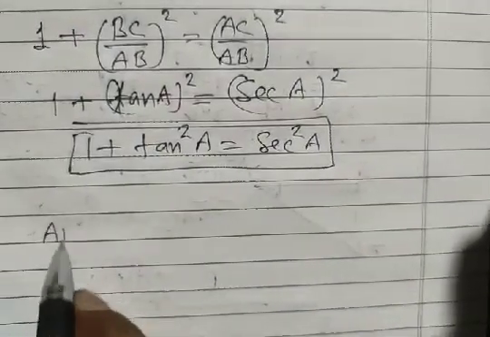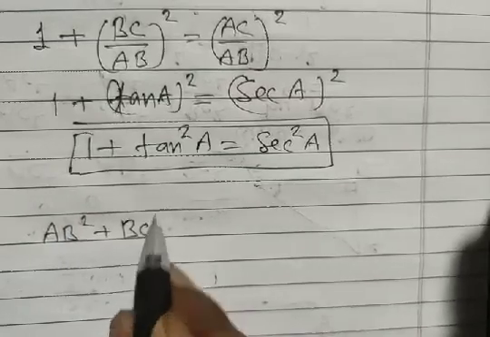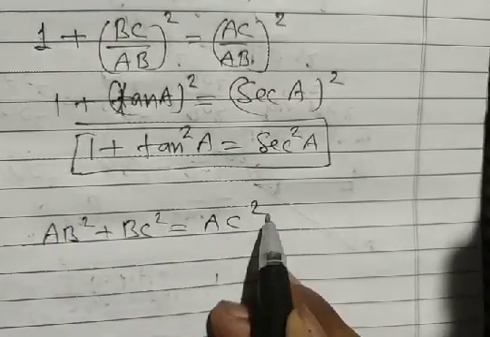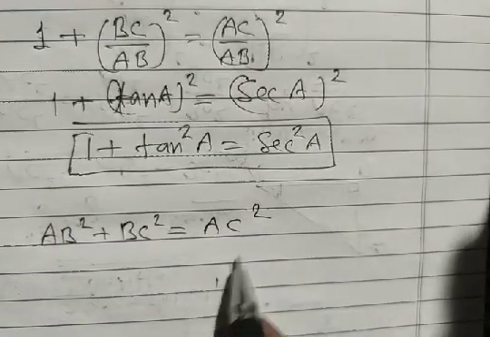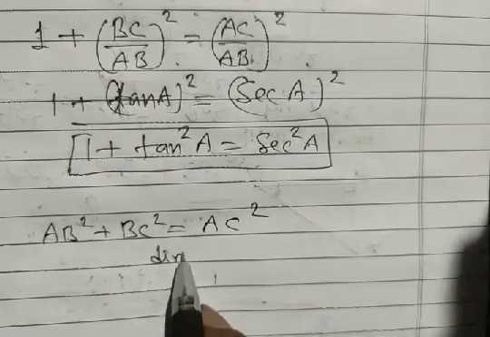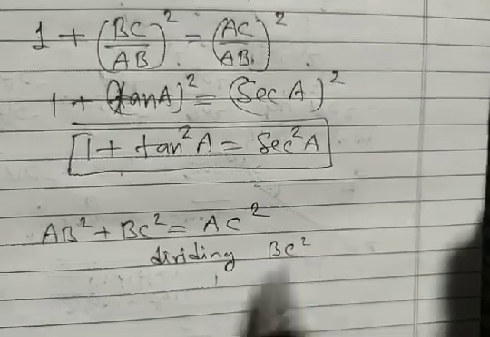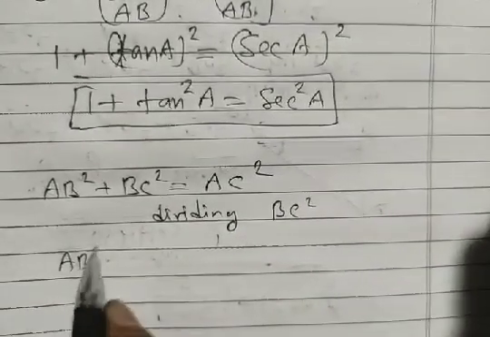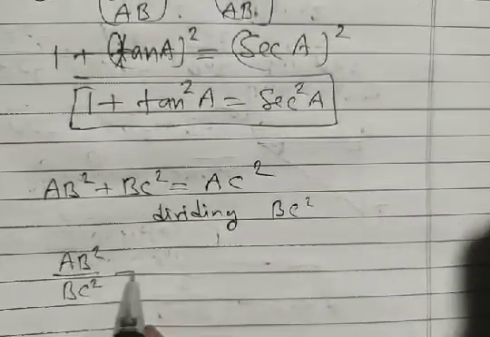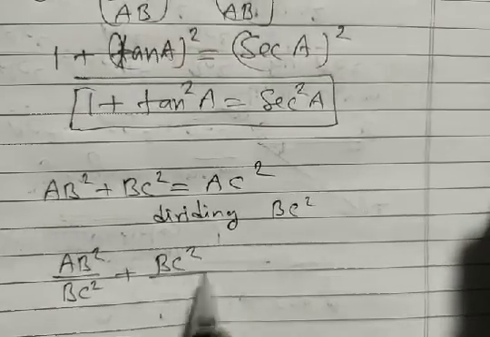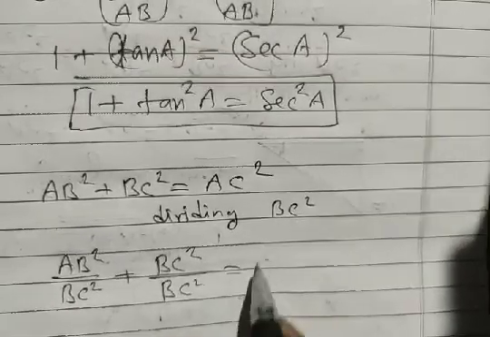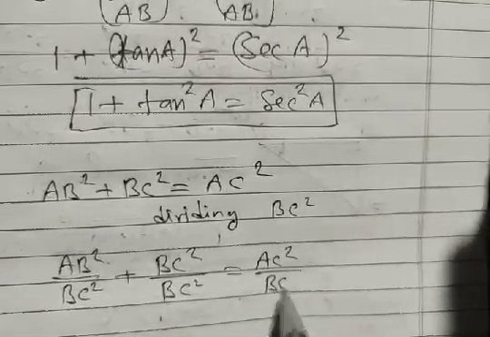Now we are again going to start with AB square plus BC square equal to AC square. Here we are going to divide these terms by BC square. AB square by BC square plus BC square by BC square equals AC square by BC square.